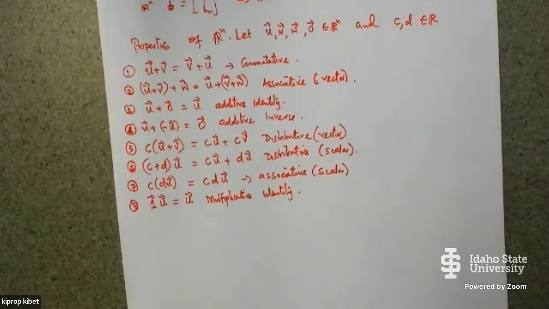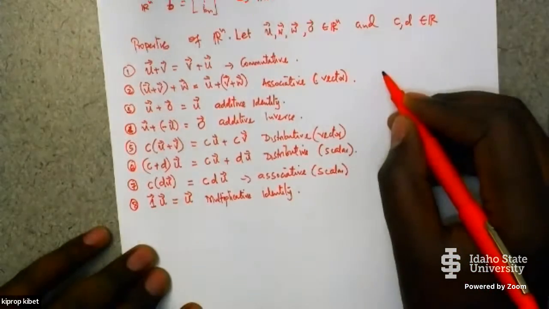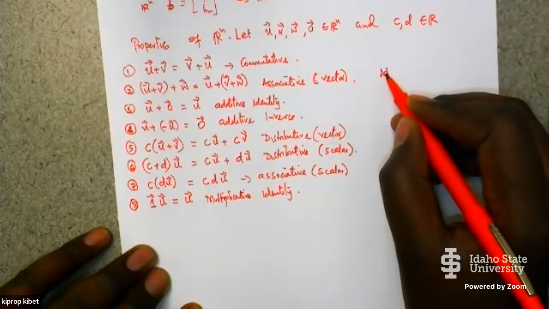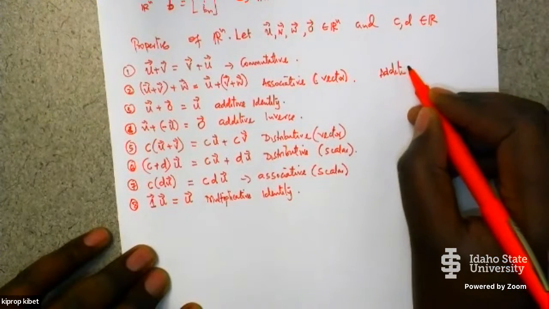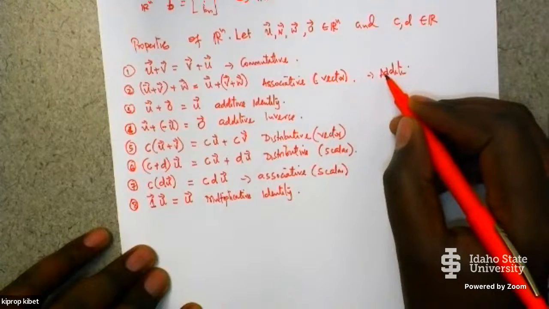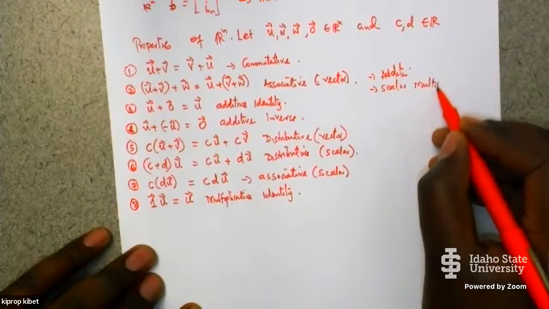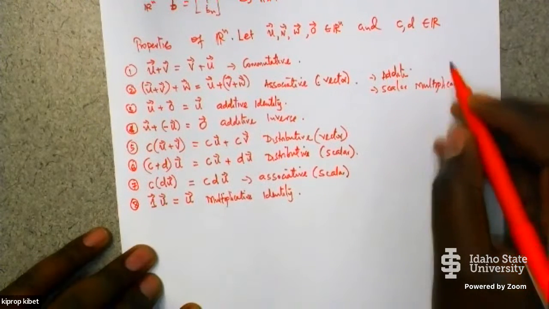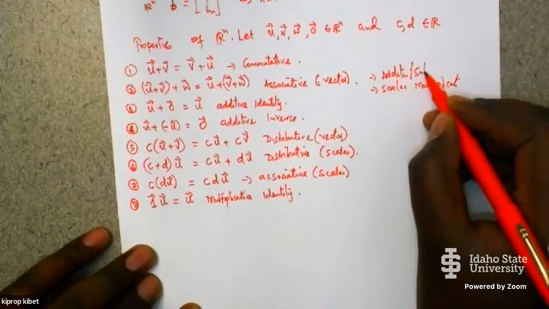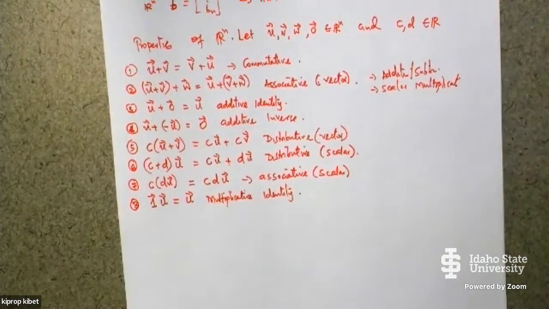So those are the properties of vector addition. In this course, mostly we will just be dealing with addition of vectors, which can also be subtraction, and scalar multiplication.